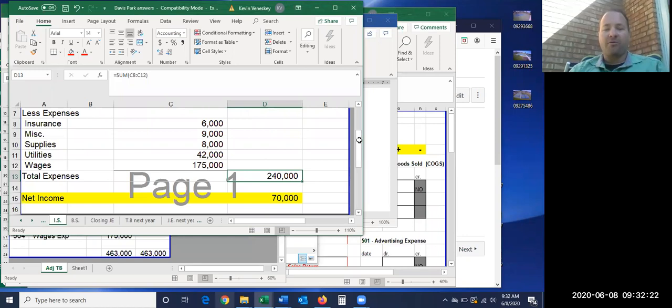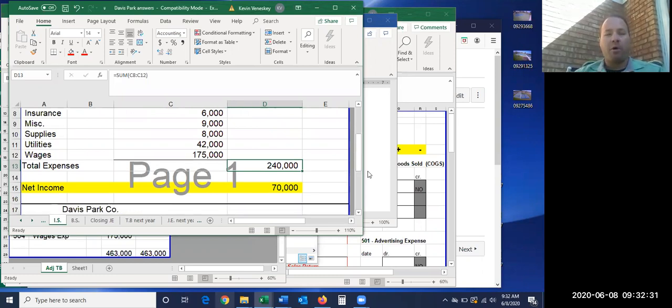We paid out $240,000. Essentially, we paid it out, or we will pay it soon. So remember, the whole point of doing the income statement is to figure out what our net income is. How much did I actually earn this year? And I earned $70,000: the money that I earned minus what I paid out in expenses.